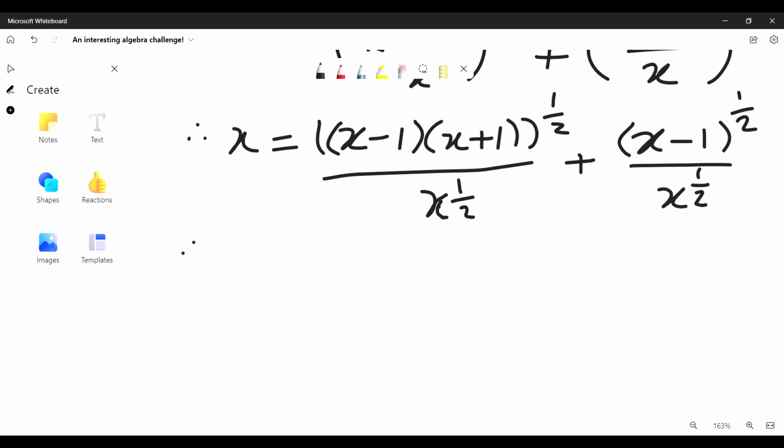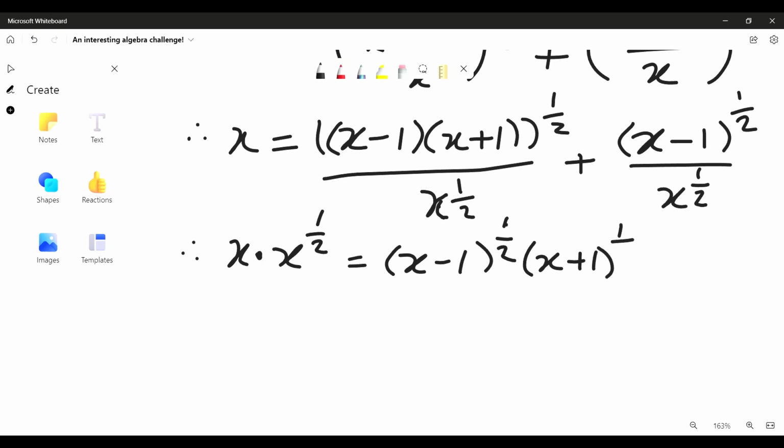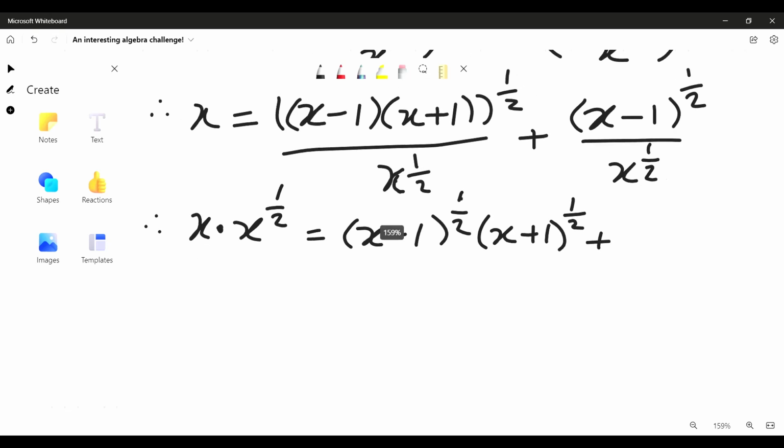So I'll do that already here, and then we have x to the power 1 over 2 is equal to x minus 1 to the power 1 over 2 times x plus 1 to the power 1 over 2, plus, we also have here x minus 1 to the power 1 over 2.